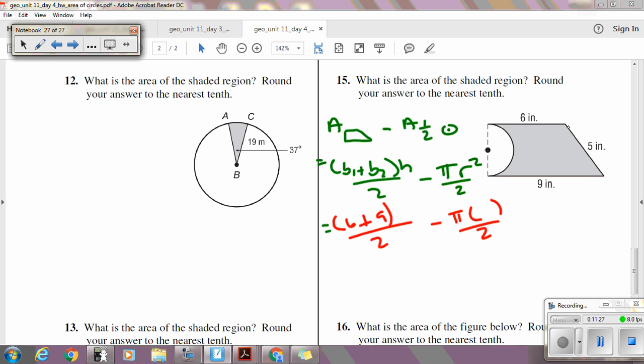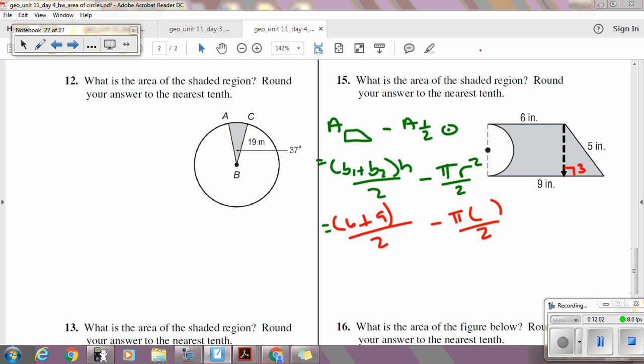So one way of finding my height is to draw a line right here. And if you notice, the entire top portion of my trapezoid is 6, but the entire bottom is 9. So that means 6 stops at that dotted line on both ends. So that means I need another 3 more right here. And this is a right triangle, so I would use Pythagorean's theorem.